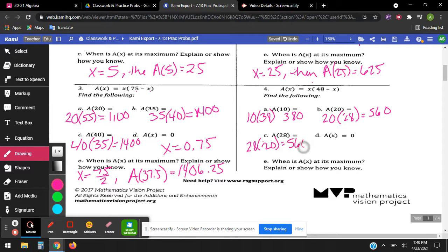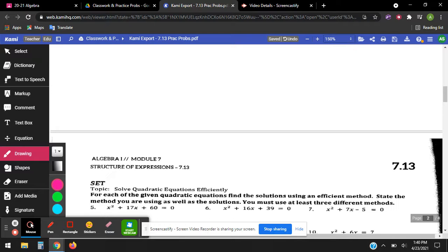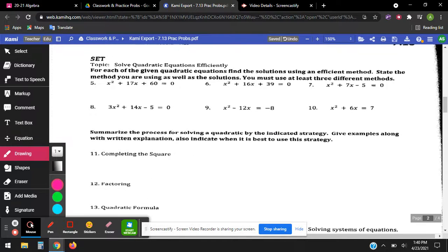That'd be 560 again. My zeros, 0 and 48. Maximum, half of 48 is 24. So if I put in 24, then I get 576. Again, just a little bit higher. All right. It's always that square that makes it the best.